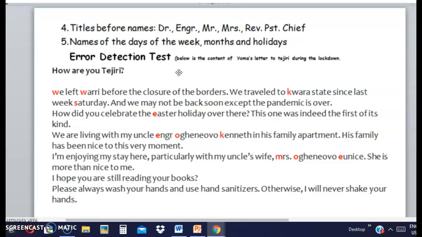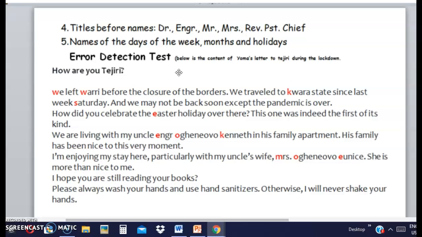Assuming Yoma has written a letter to Tejiri during the lockdown, and the letter reads, "How are you, Tejiri? we left warri before the closure of the borders. we traveled to kwara state since last week saturday, and we may not be back soon except the pandemic is over. How did you celebrate the easter holiday over there?